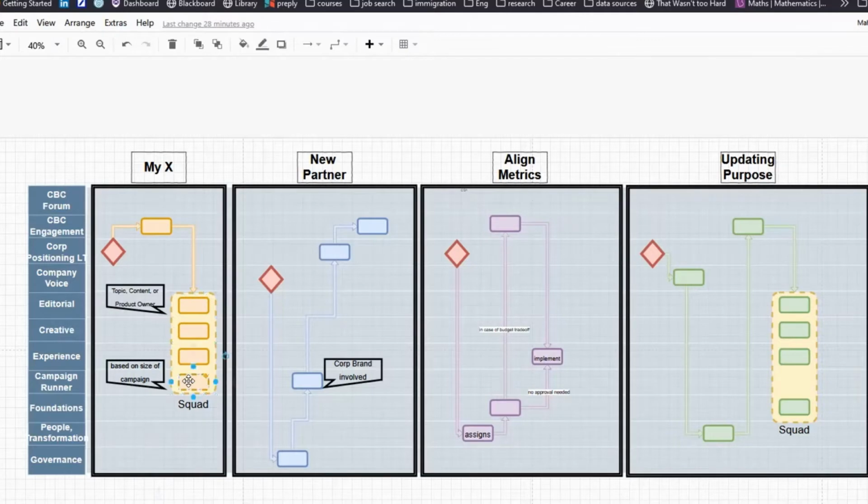I highlighted this as a broken down line because it's optional based on the campaign size, for example. Right. I think one of the reasons that swimlane diagrams make me grumpy is because the arrows often are not linear.